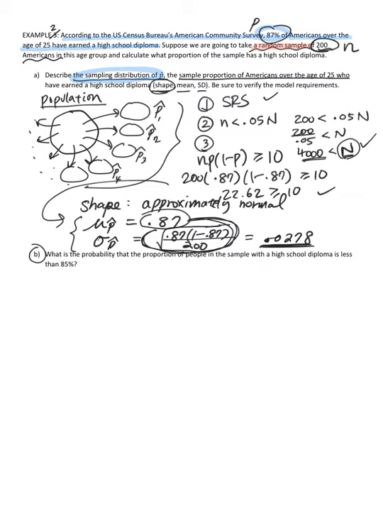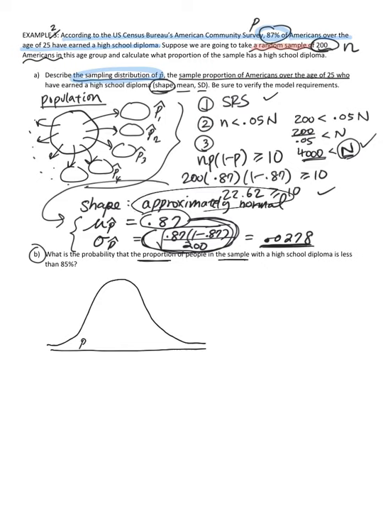All right, so part B. What is the probability that the proportion of people in the sample with a high school diploma is less than 85%? It is really clear that we're talking about the sample proportion here, the proportion of people in the sample. We already know that it's normal.